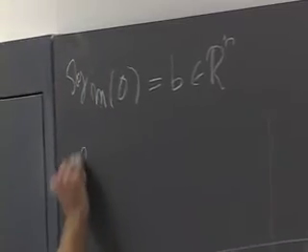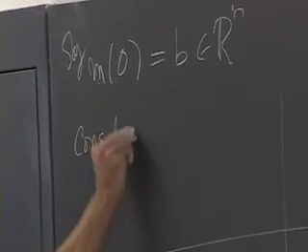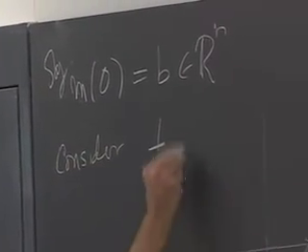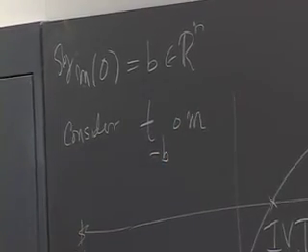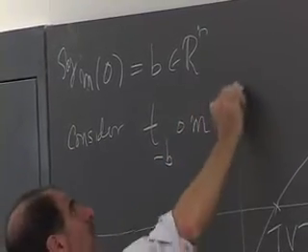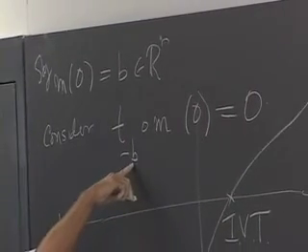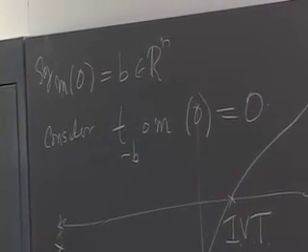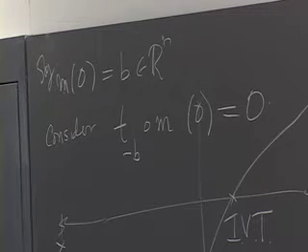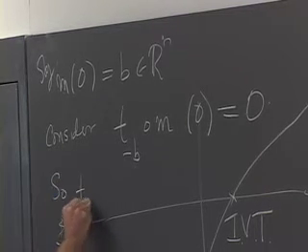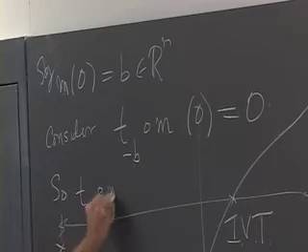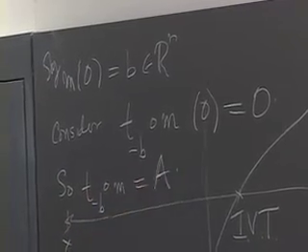Consider the transformation T of minus B composed with M. That takes the origin to itself, because M takes the origin to B, and then I translate by minus B, and I get back to 0. So T of minus B composed with M is an orthogonal transformation.